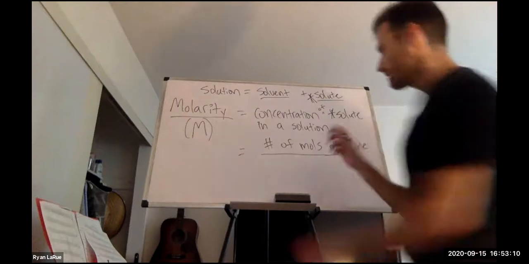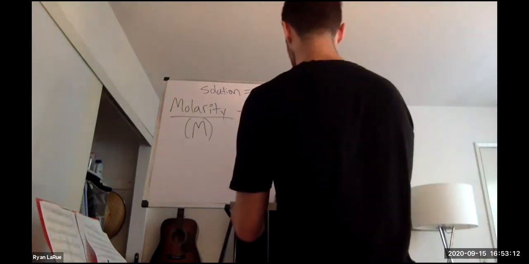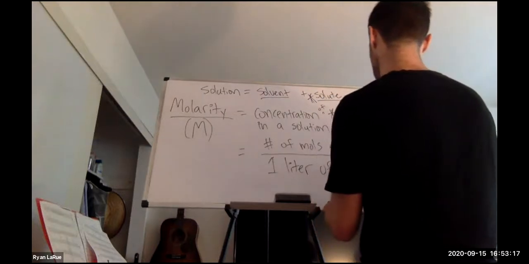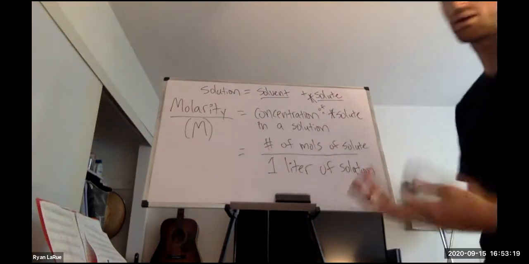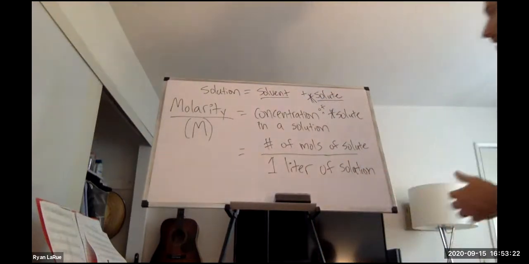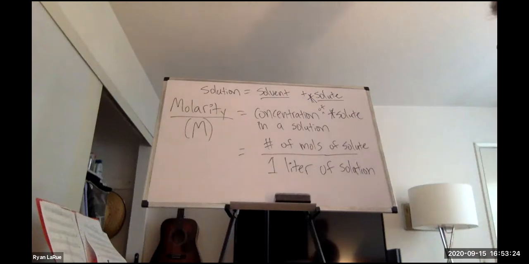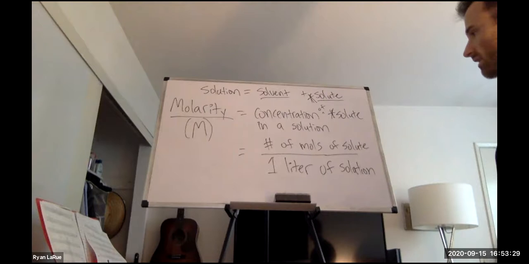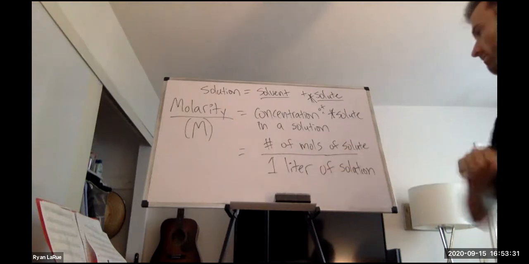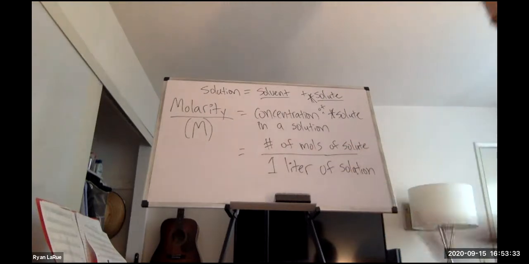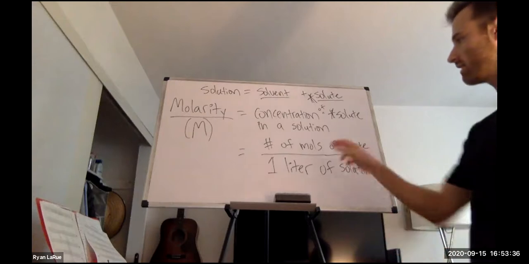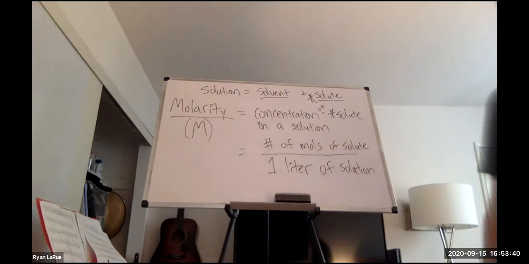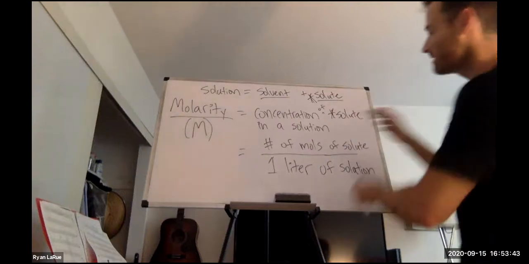That's what molar concentration is referring to: the number of moles of solute, let's say it's 2, 3, 4, 0.05, whatever it is, per liter. If you have a liter of solution, it is the number of moles in that. What is a mole? Let's talk about that.